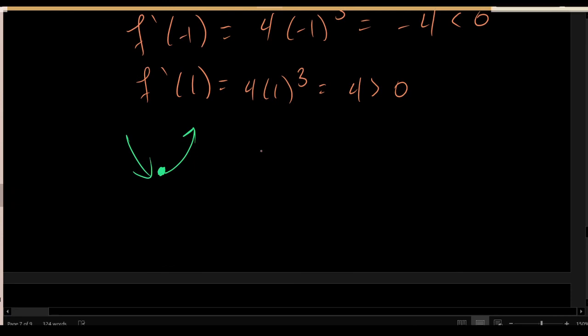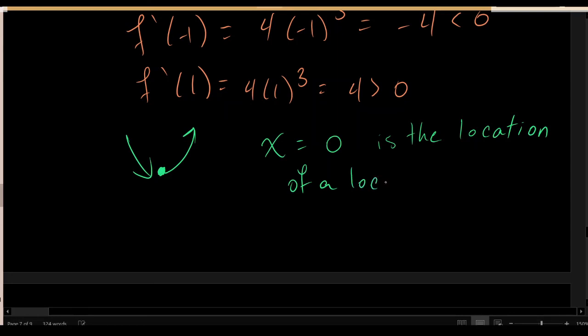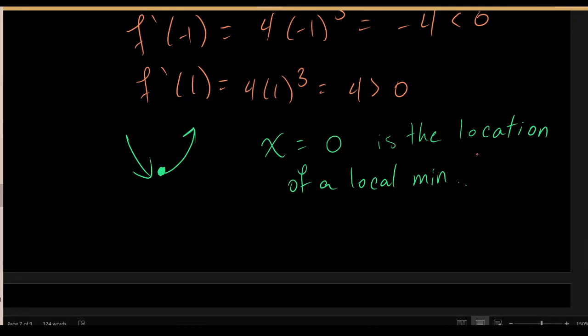And from the first derivative test, I now know for sure that x equals 0 is the location of a local min. So even though the second derivative test is, generally speaking, a lot more convenient and swift, it is just not quite as reliable, and in certain cases like this one, doesn't give you the complete picture of what f of x is actually doing.